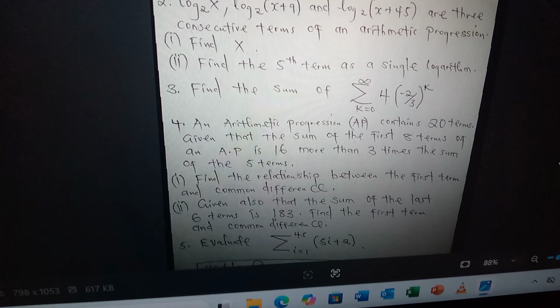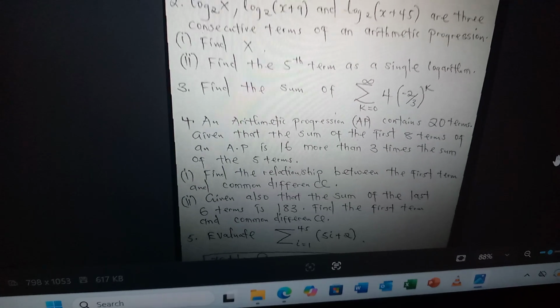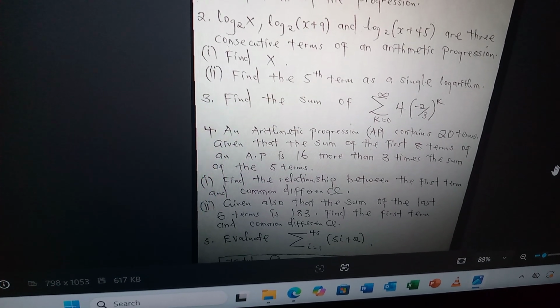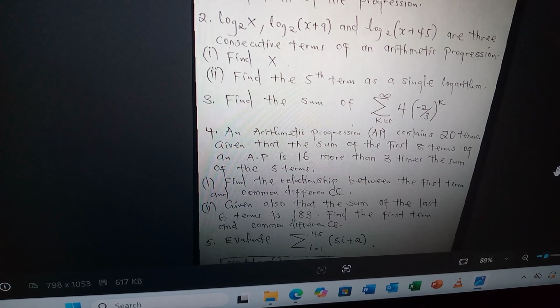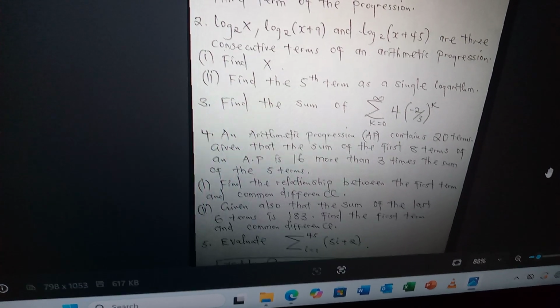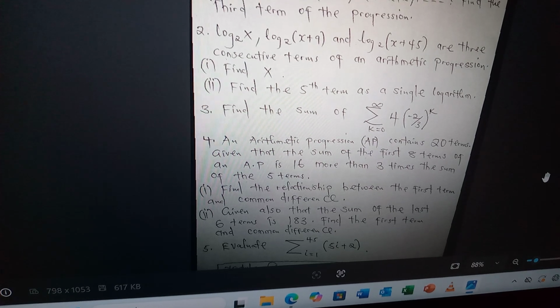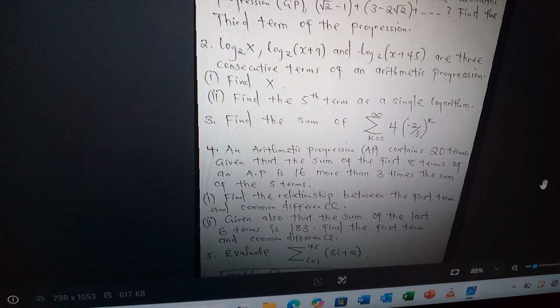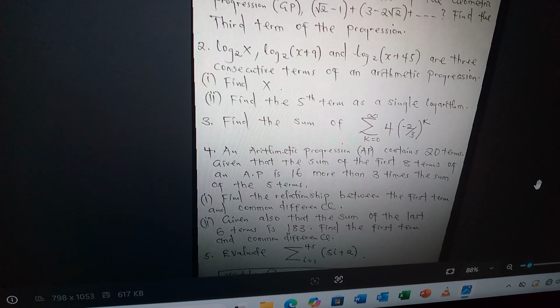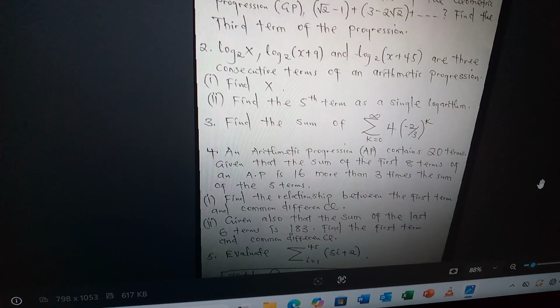I can even advise you to pay particular attention as I start explaining.